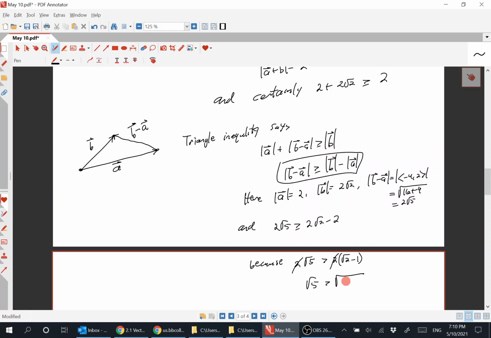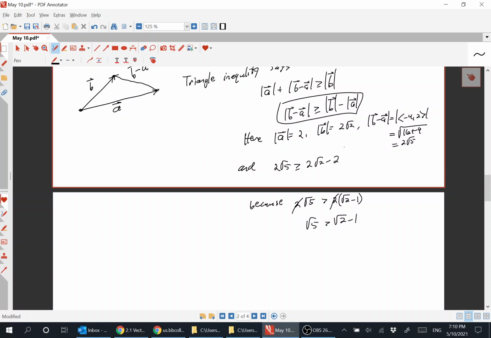And root 5 is bigger than root 2 minus 1, right? Root 5 is like 2 point something, right? Square root of 5, 2.2 something. And square root 2 is 1.4, so 1.4 minus 1 is like 0.4.